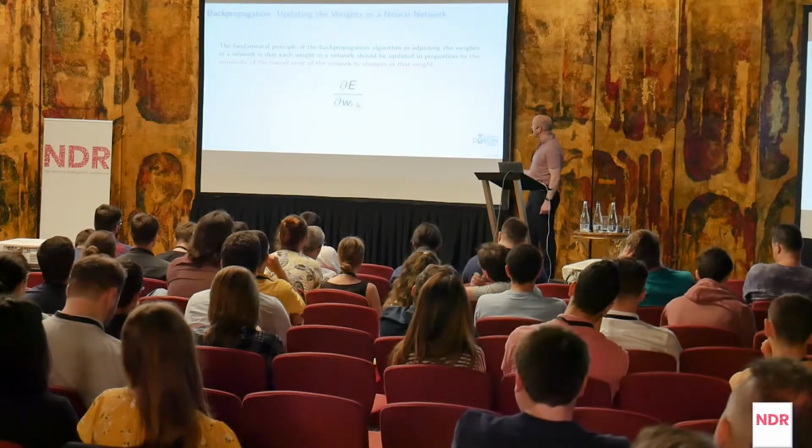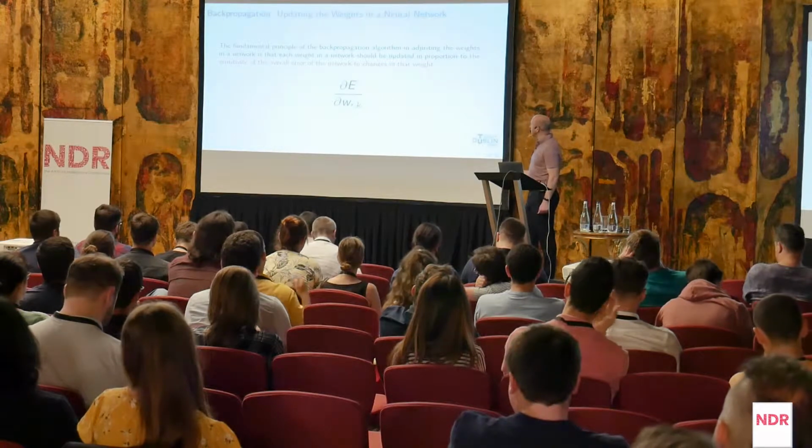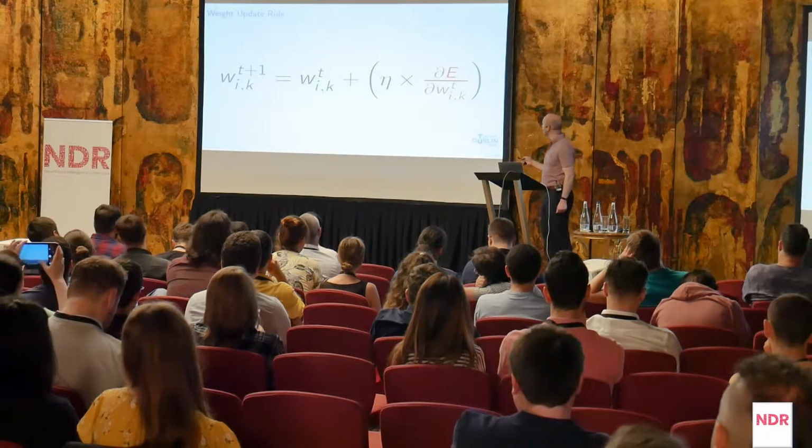Calculating that term directly is going to be difficult. So what backpropagation does is decompose that error term into three terms, using the chain rule.